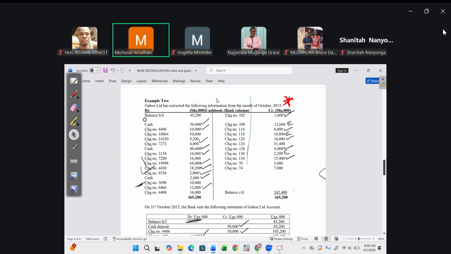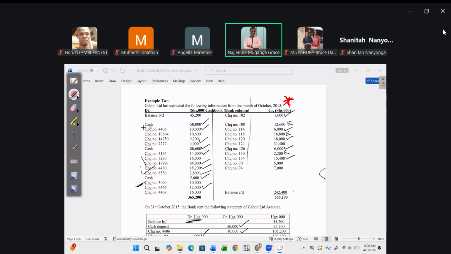In the cash book, sorry, since it was a credit balance, in the adjusted cash book, we transfer it to the debit side. Okay. Thank you. Anyone else to add something to that?